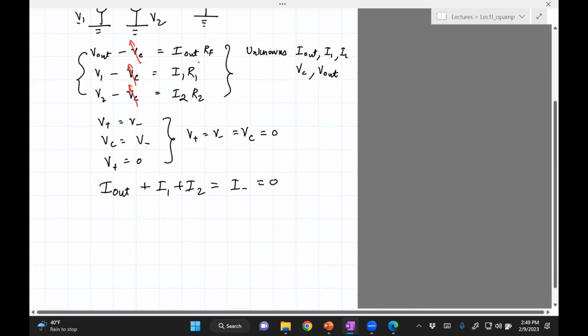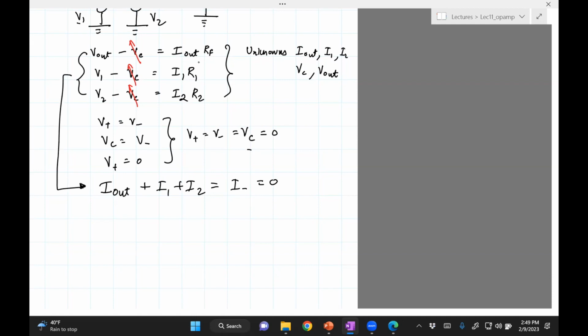Okay, so what I can do now is, I wrote 1, 2, 3, 4, 5. Yeah, so the fifth equation was this. So what I can do is eliminate the currents using this expression. So I'm just going to substitute the value for I out. It's V out divided by RF.